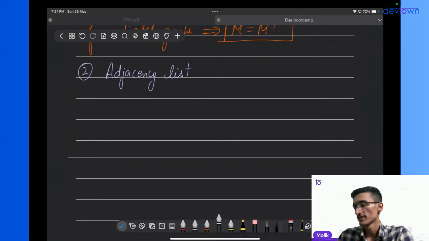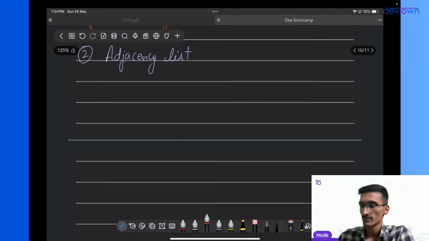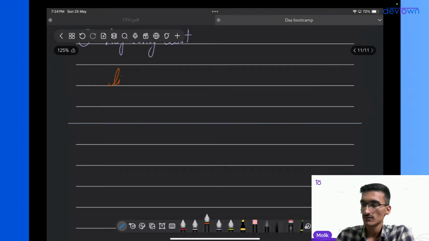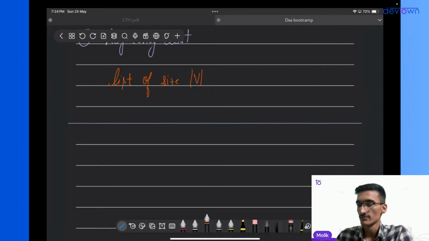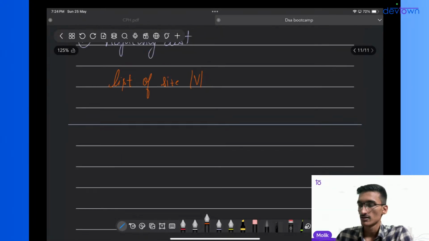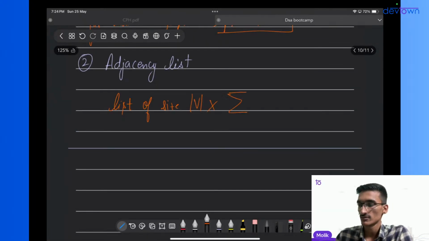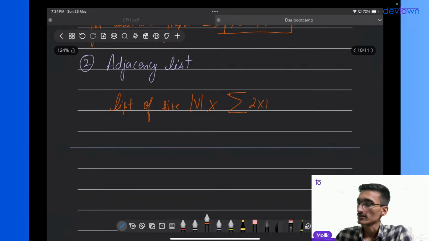In this one, you basically create a list of size V. You create a list of size V first. Basically, the total size of the list is somewhat like this.